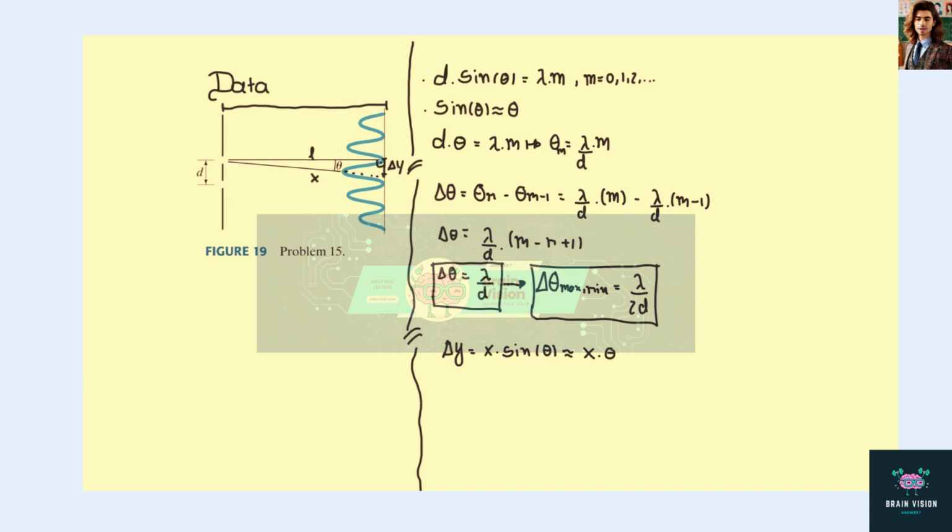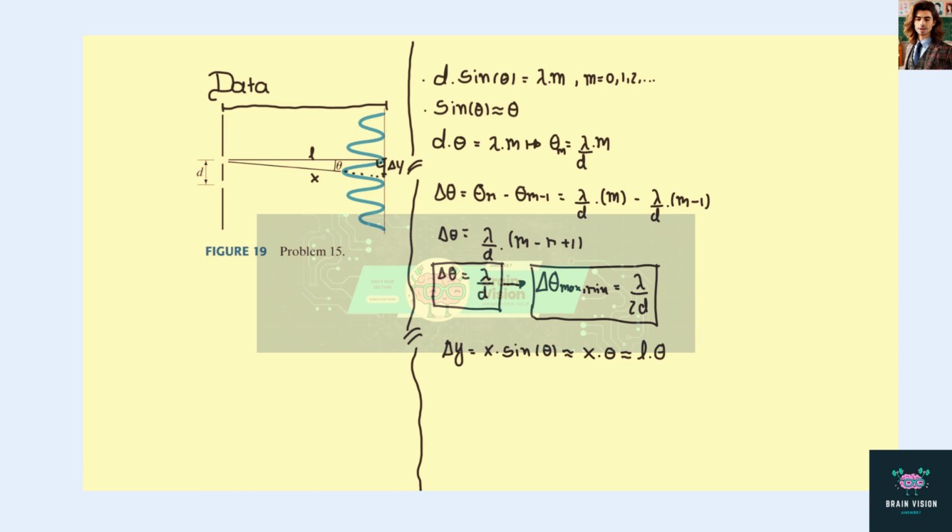But on the other hand, if the angle is very small, it means that L and x are very close to one another. So we can approximate x as being approximately equal to L. Therefore, we can further approximate it as L times theta. And we now have an expression for the separation that we wanted. Now note that this angle theta is the angle between a maximum and a neighboring minimum.